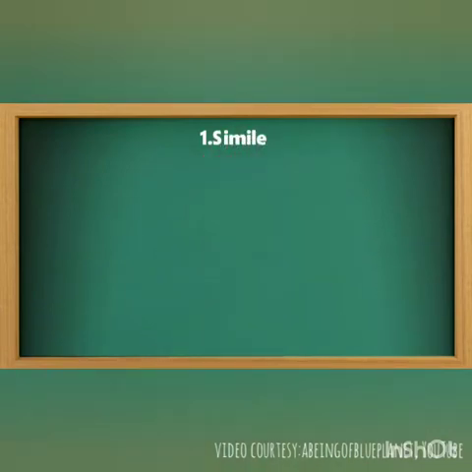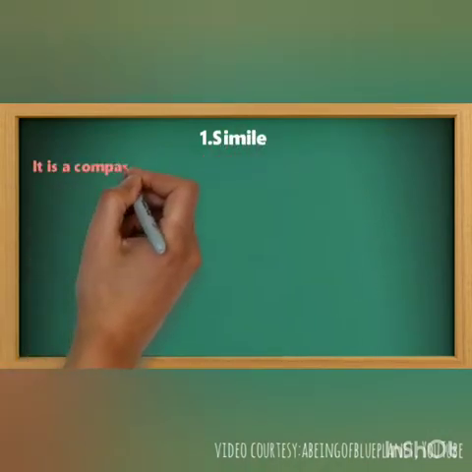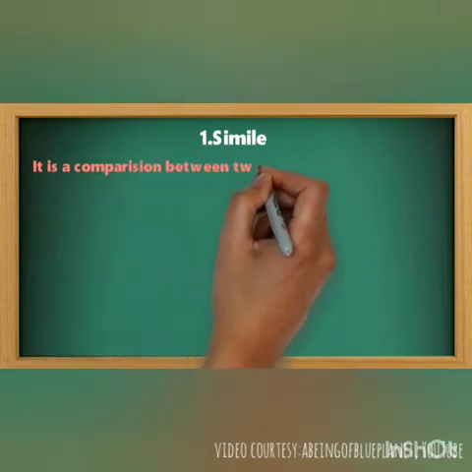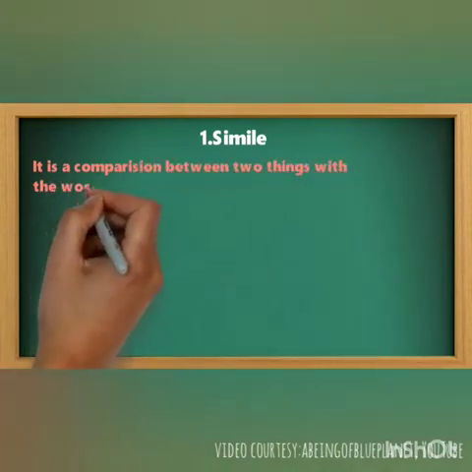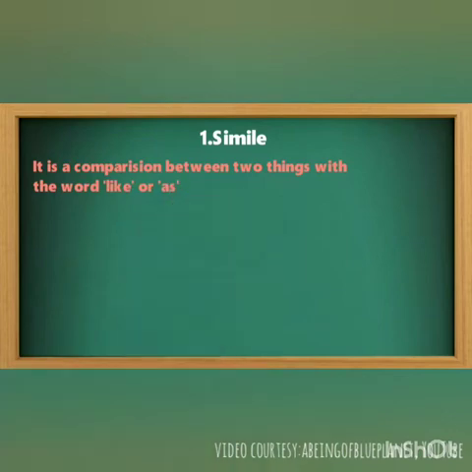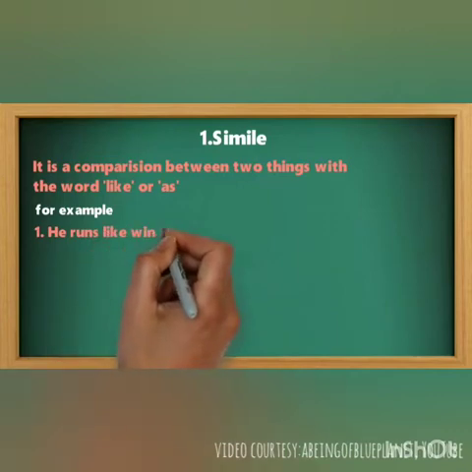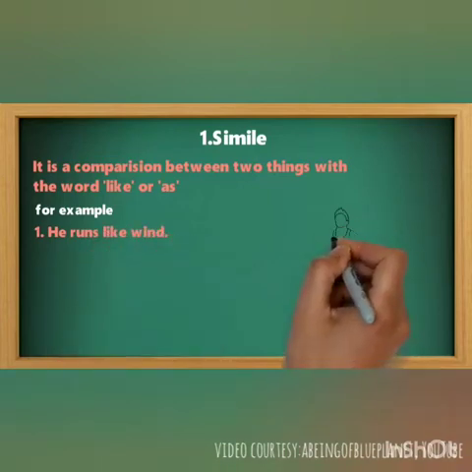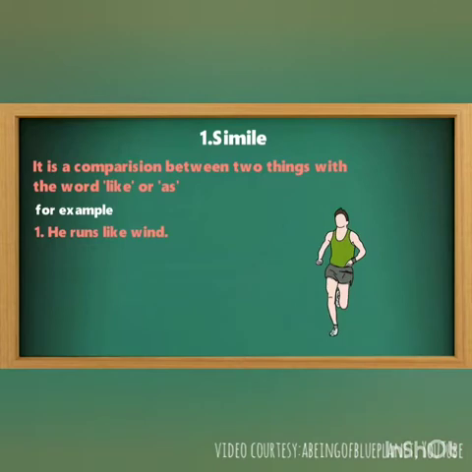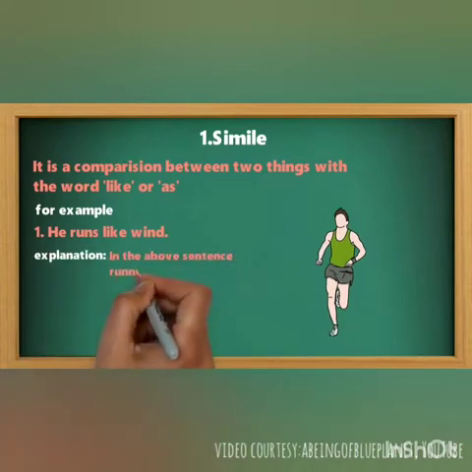Let's begin with simile. Simile can be defined as a comparison between two things with words like or as. For example, he runs like wind. In the above sentence, the running of the boy is compared to the wind with the word like.